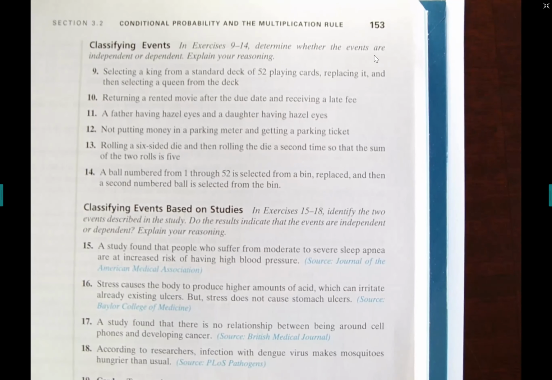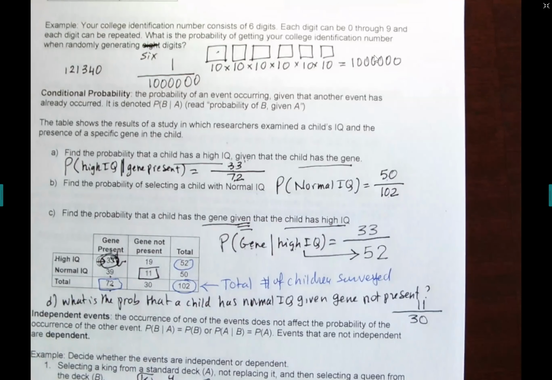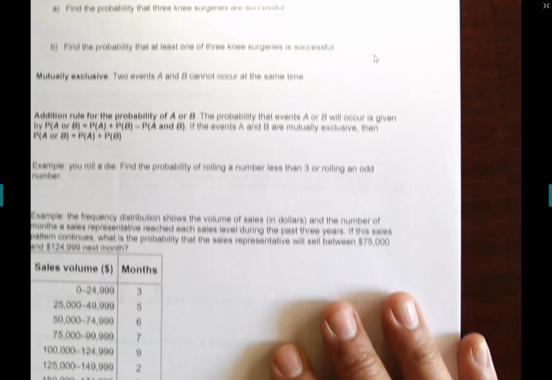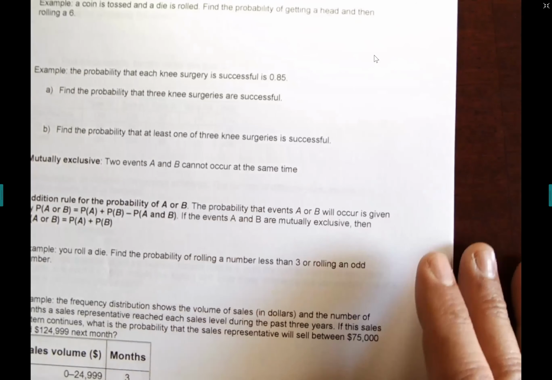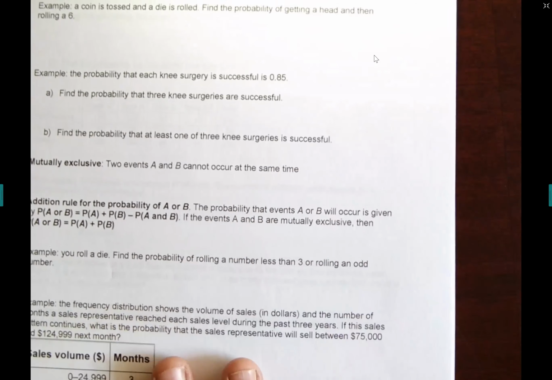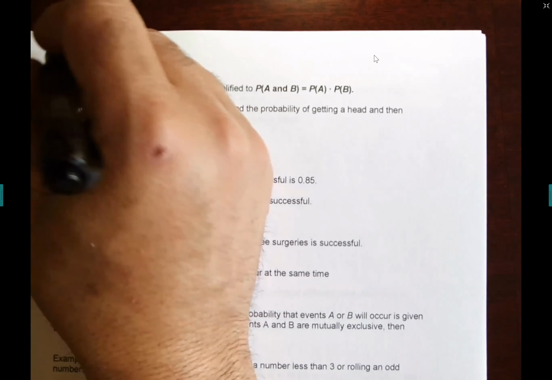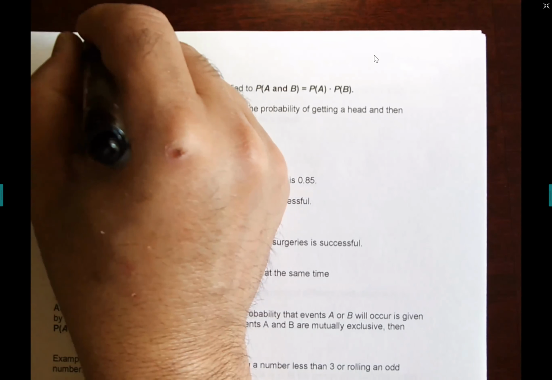Okay, let me go back to the handout. A few more things. Let me just make some conclusions about independent events.